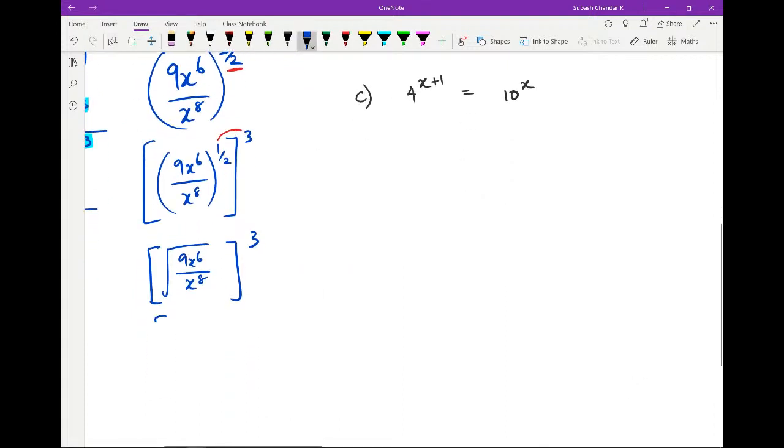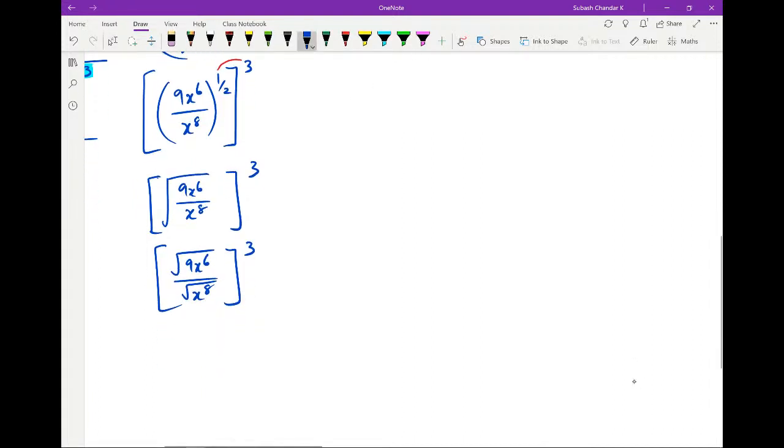And remember, I could actually split this up again. Because it's a square root symbol, I can split it up as square root of 9x6 over square root of x8. So now square root of 9 is 3, square root of x to the power of 6 is x cubed, over x to the power of 8, square root of that is x to the power of 4.